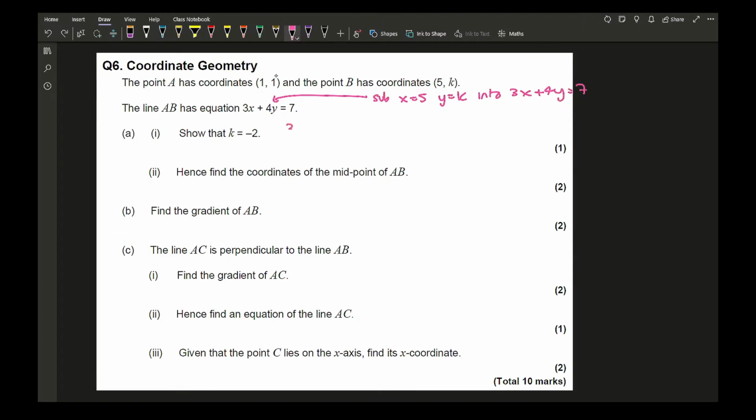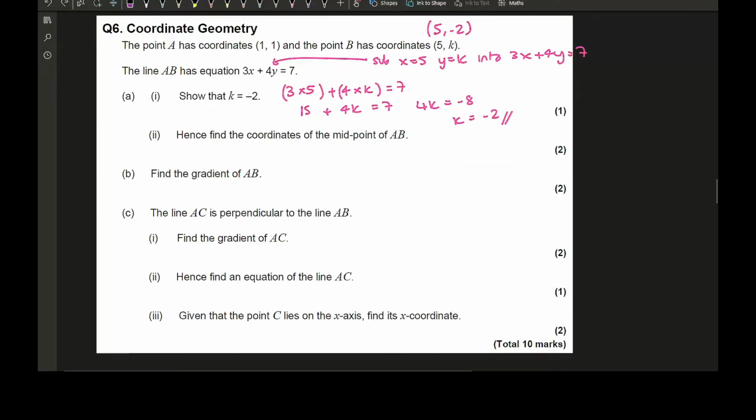So from this we get 3 times 5 plus 4 times k equals 7. So here I've got 15 plus 4k equals 7. 4k equals, and then take the 15 over to give me minus 8. K equals 2. Moving on to part C, it's a case of working out the midpoint of A and B.